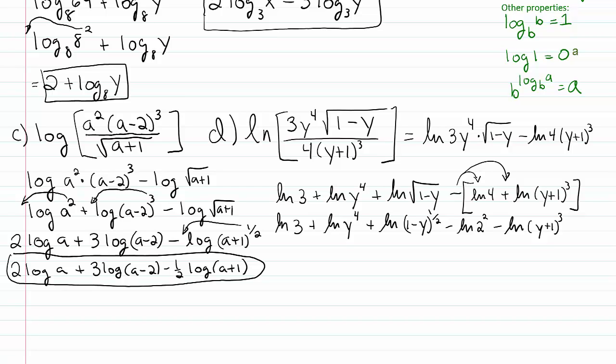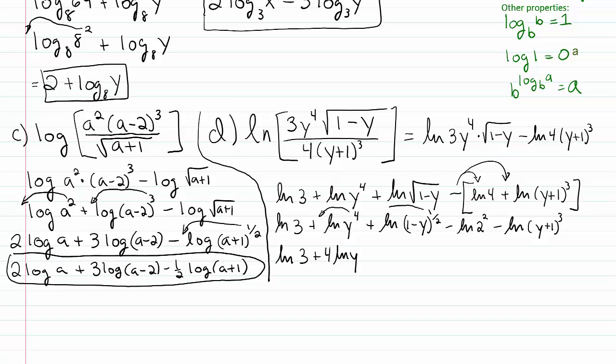Okay, so there's a lot going on here, but we're almost done. The final step to expand this out is to bring these exponents that we have out in front. So we can bring the 4 out in front here, for example. So we'll have ln, let me just separate D and C. It's a little bit busy on the paper here. So we'll have ln of 3. The 4 will come in front to be plus 4 ln of y.